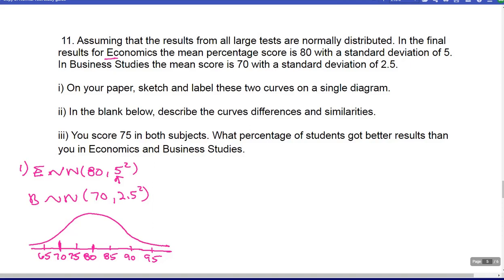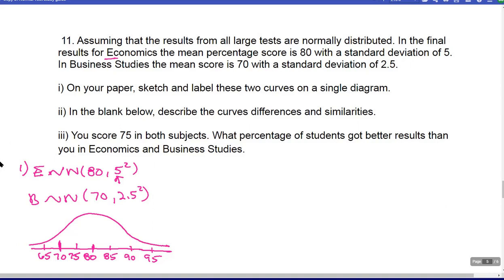Wouldn't it be more compressed? It's going to be, but keep in mind, they both have an area of 1. So it's going to be taller and skinnier. Does that make sense? Yeah. The standard deviation is smaller, so it's not going to be as spread out. Okay?